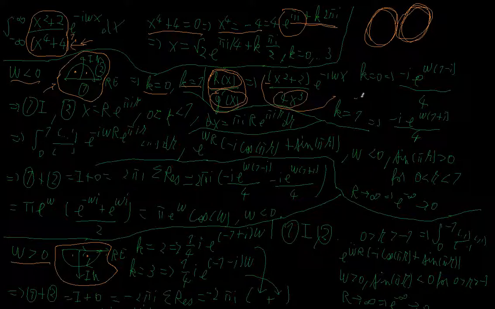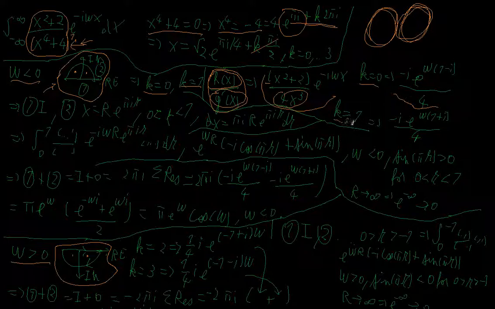And so now if I plug in k equal to 0, so I have no pi i over 2, that's simply 0 here, I get the square root of 2 times e to the pi i over 4. I plug that into my x's here, and I rearrange a bit, and I should get the following: negative i times e to the omega times 1 minus i over 4.